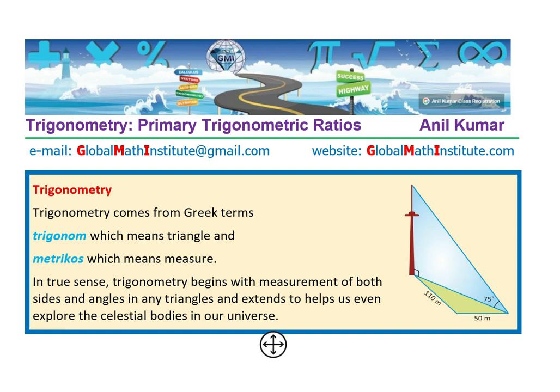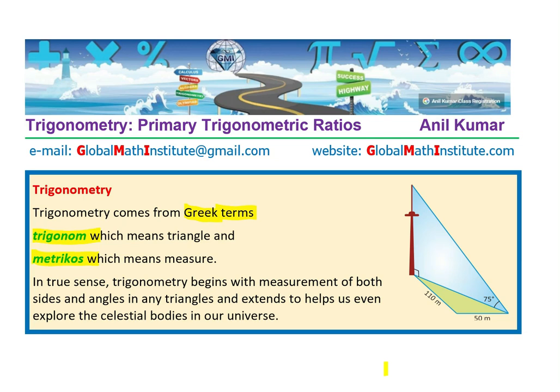So what we just did is understood a few words, and what we are talking about is trigonometry. Let me also share with you what it really means and where this word has come from. Trigonometry comes from Greek terms: trigno, that is one part of the word, the other is metrikos.